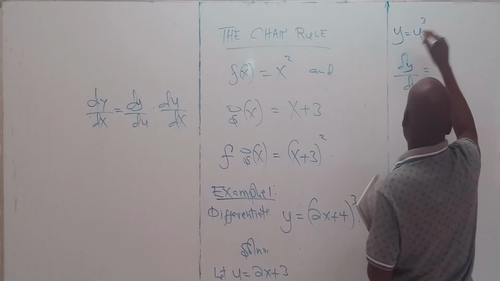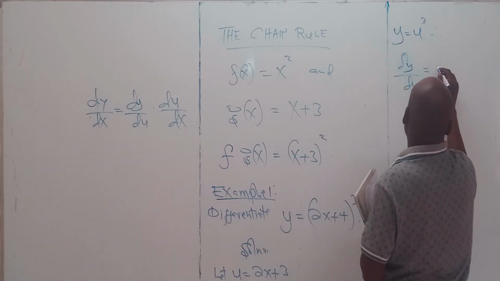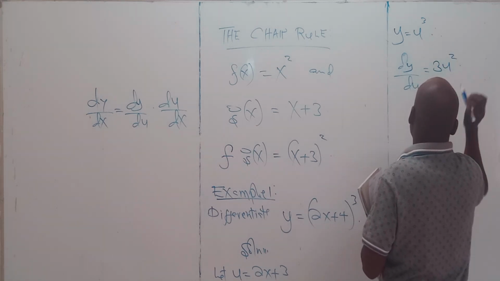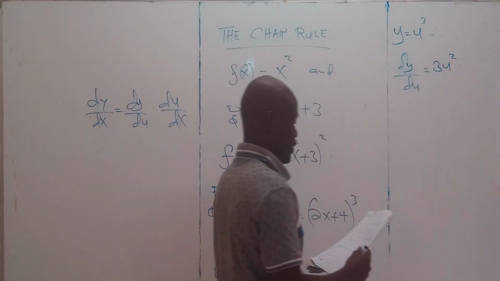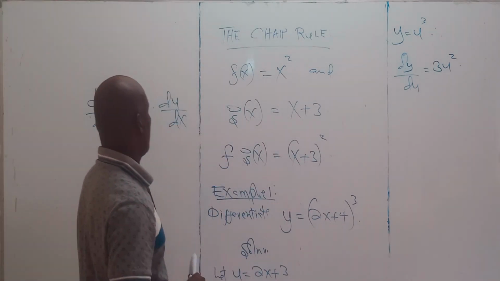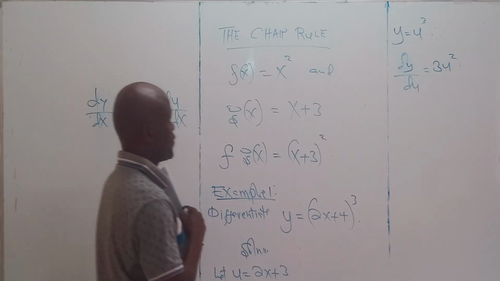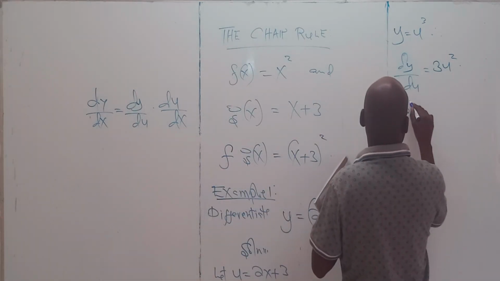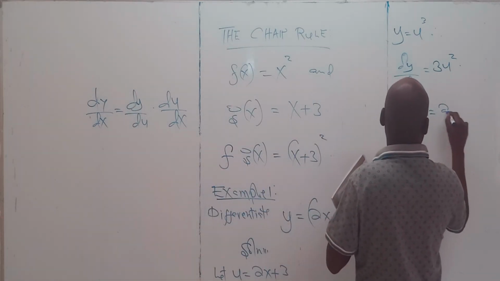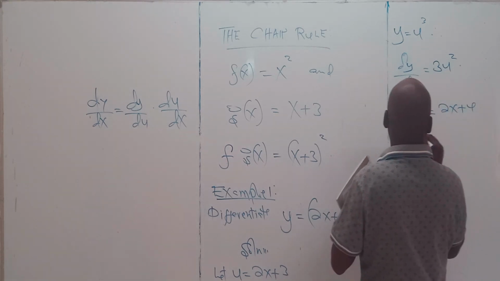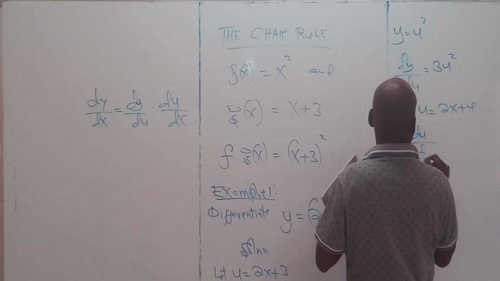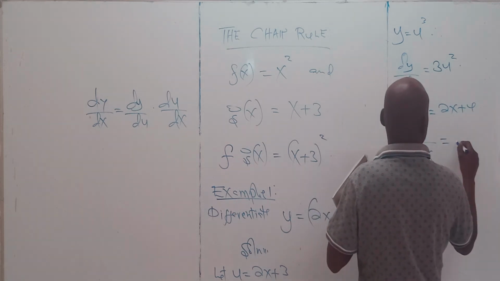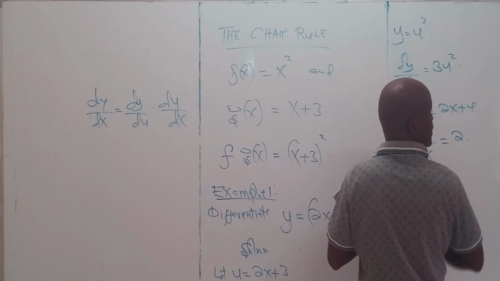So that gives me 3u squared. But then what is du dx? We had said that u is 2x plus 4. Therefore, du dx, I'm differentiating this expression with respect to x. That should give me 2 because it's just this part.